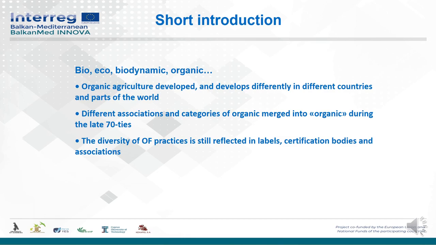In fact, organic agriculture developed and still develops differently in different countries and parts of the world. Different associations and categories of organic merged into the organic movement during the late 70s. The diversity of organic farming practices is still reflected in labels, certification bodies, and associations.